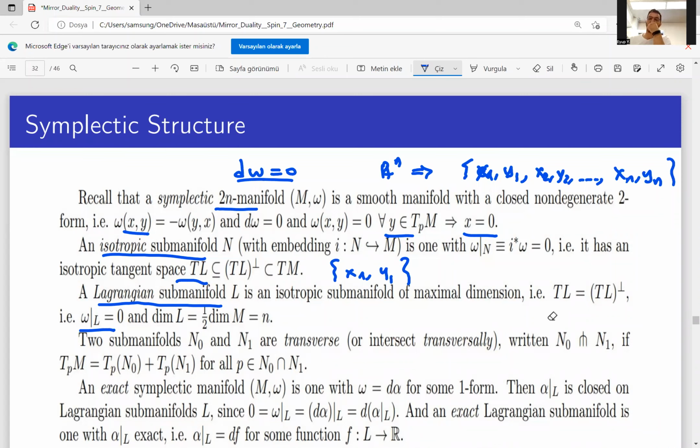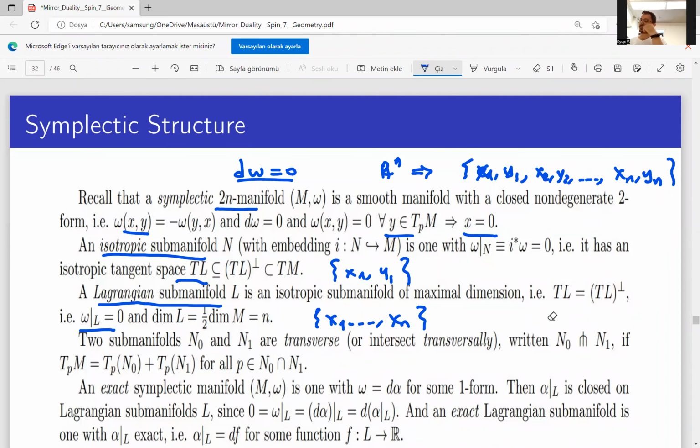Lagrangian is named by this condition: the dimension is half of the real dimension, so it has to be n. And also, if you calculate the form on this Lagrangian, it also has to be equal to 0, okay? From our simple example, x1 to xn gives us that.